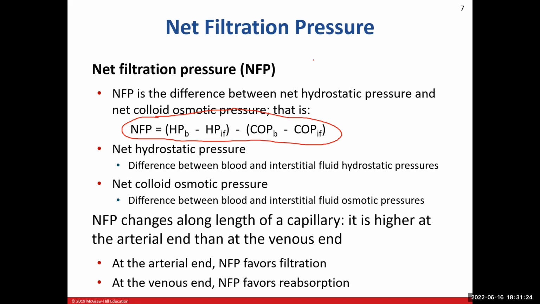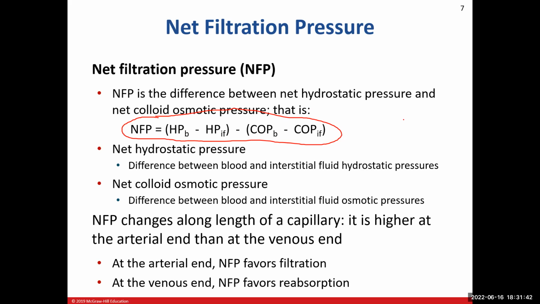And so we'll subtract your colloid osmotic pressure from your overall hydrostatic pressure. And so that's how we're going to get our net filtration pressure. So we'll add both of those values up and then take the difference from them.